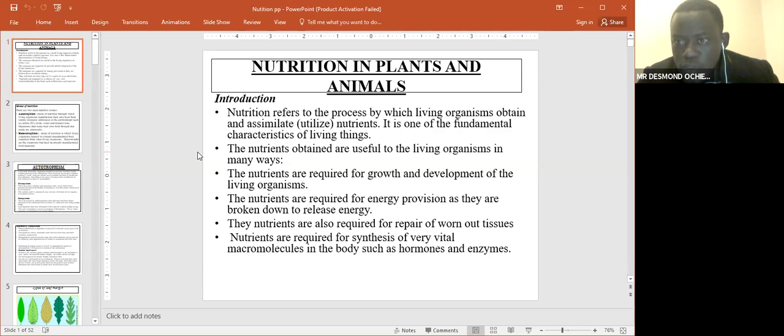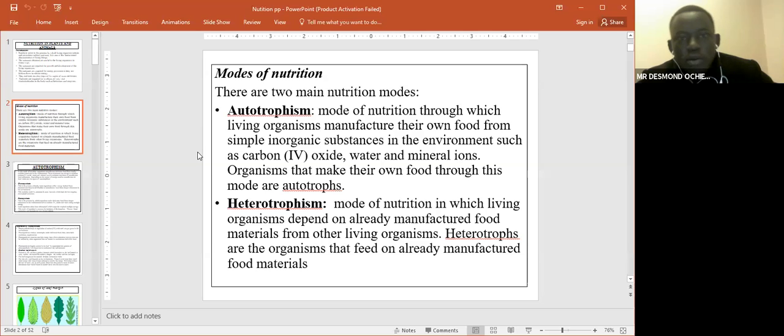So the next thing that I want us to look at is the modes of nutrition. We have 2 main modes of nutrition, and these are autotrophism and heterotrophism. Now, autotrophism refers to the mode of nutrition through which living organisms manufacture their own food from simple inorganic substances in the environment, such as carbon dioxide, water, and mineral ions.